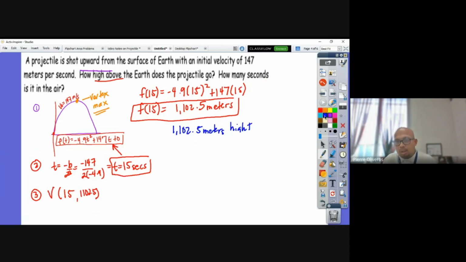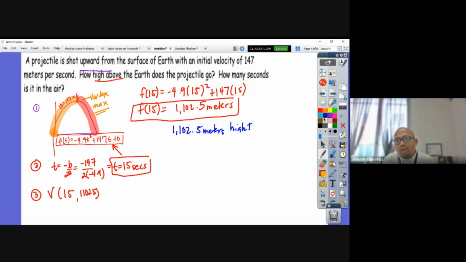Now here's a catch. The answer is not 15. Remember, guys, it started on the ground or on the earth. So if it started on the earth, that will be 15 seconds before it reaches a maximum height. And then if that's 15 seconds, on the same ground area, it goes down also in 15 seconds.